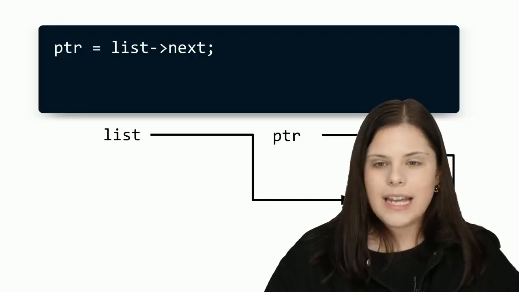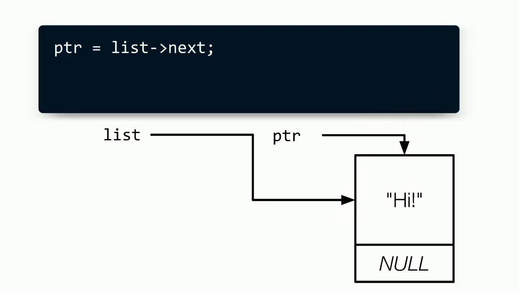Notice when we're talking about this diagram, what was the pointer set to after this operation? If we write PTR equals list arrow next, what is the value of PTR after we run this line of code?